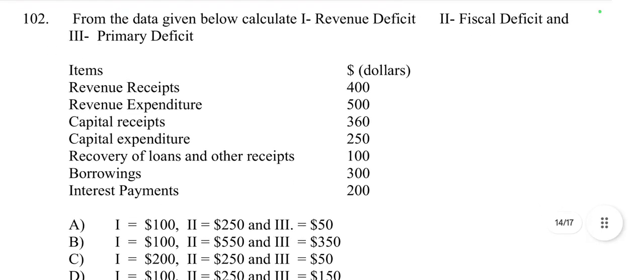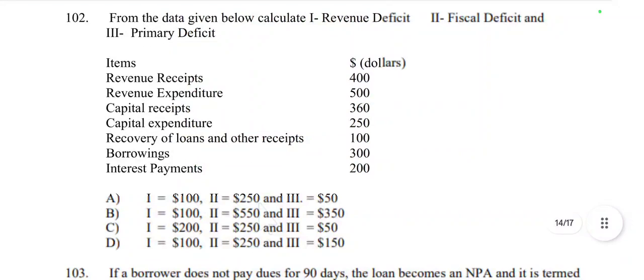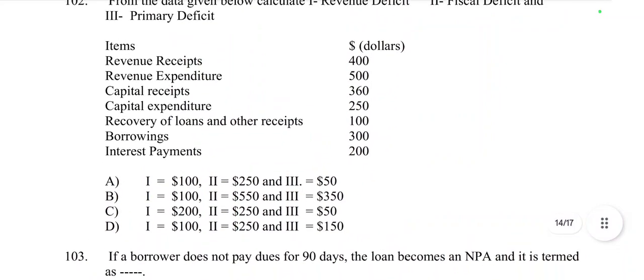Then question number 102. From the data given below, calculate revenue deficit, fiscal deficit and primary deficit. So these are the items and the values in dollars: revenue received, revenue expenditure, capital received, capital expenditure, recovery of loans and other receipts, borrowings and interest payment. These are the data given for this question.